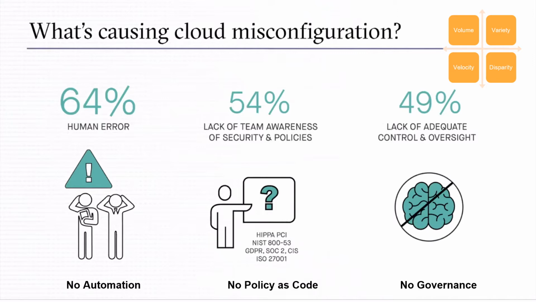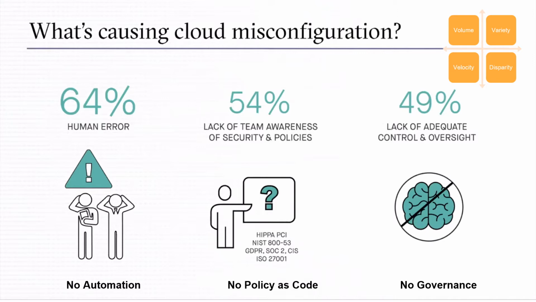So the net result we see is that there is no policy as code. There's no point telling people what to do in a document or a Word file or some side script. You have to have your security policies as code, and that code should be monitored and executed pretty much in real time.